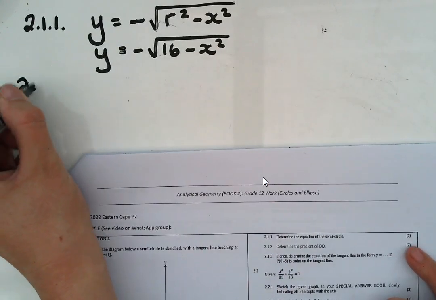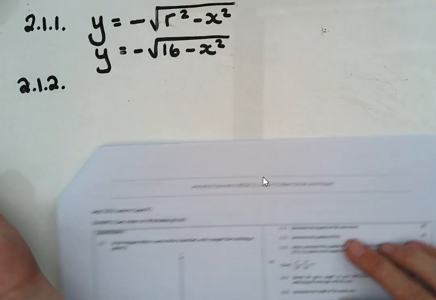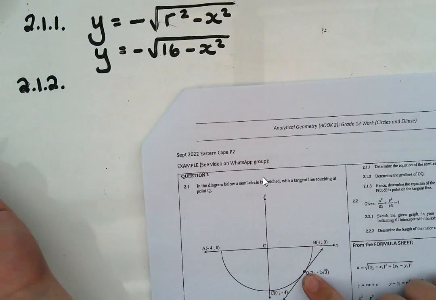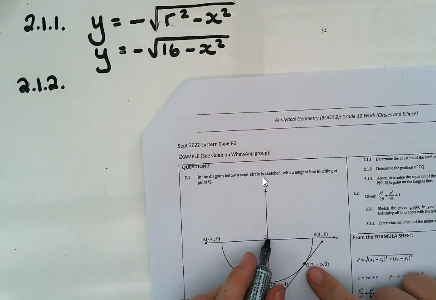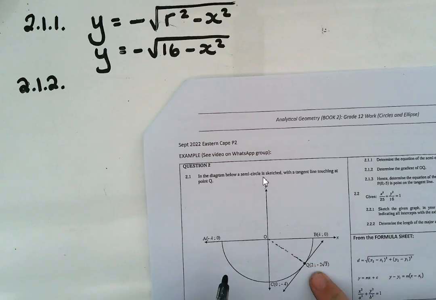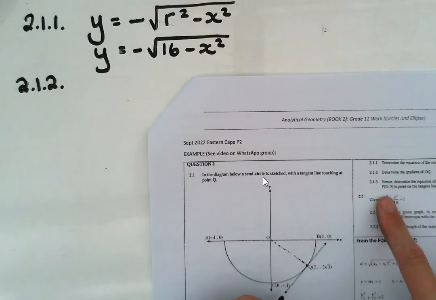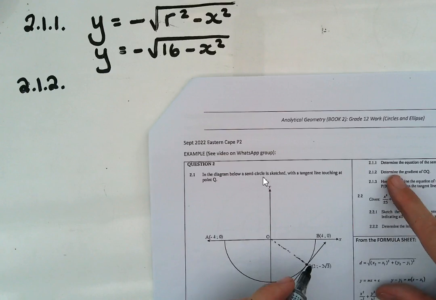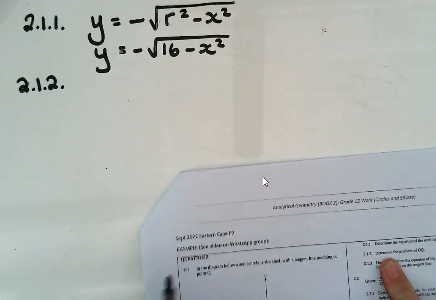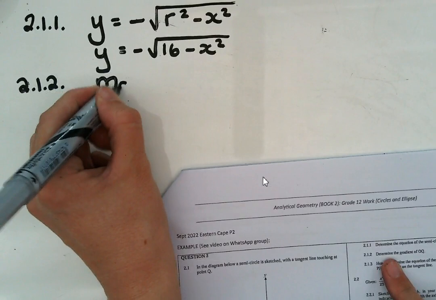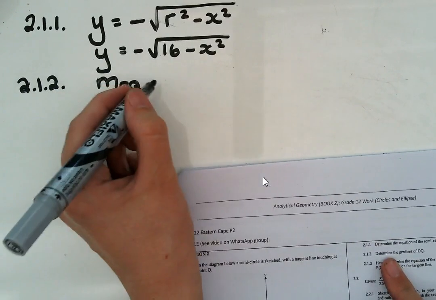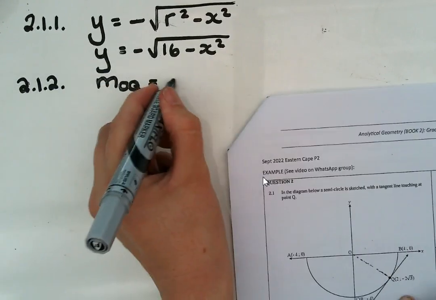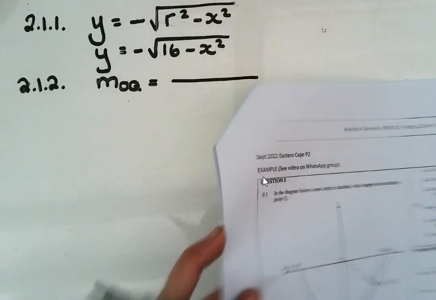Right, then 2.1.2 says determine the gradient of OQ. Now you see what they are busy doing. They are guiding us. OQ is not drawn there, but they are guiding us towards determining the equation of the tangent. The first step before we determine that is we find the gradient of the radius. So here they are helping us a little bit. The gradient of the radius, which is OQ, you can still use the formulas.